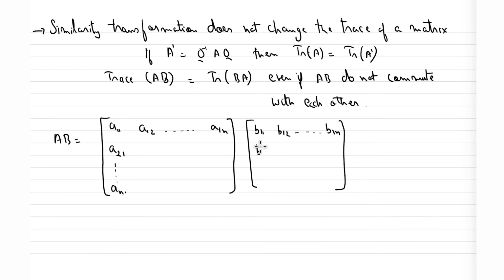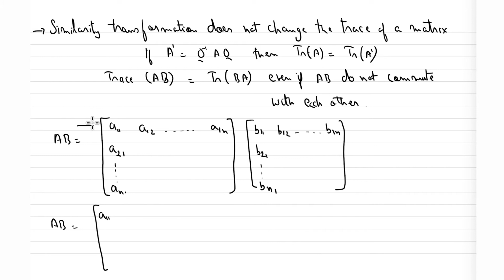So I'm just writing a general matrix AB. Now to write the product of this, I can write it as A11.